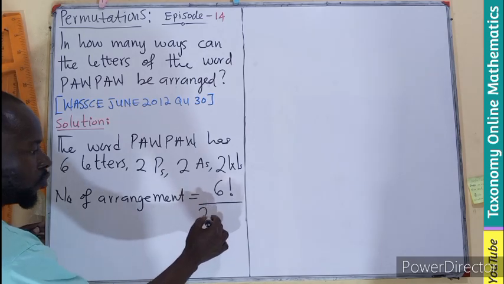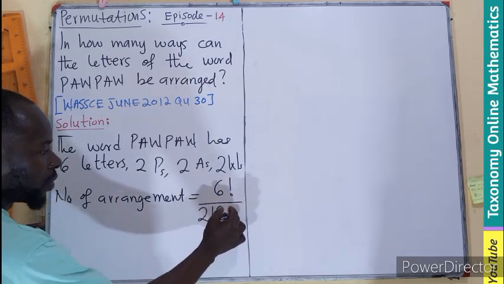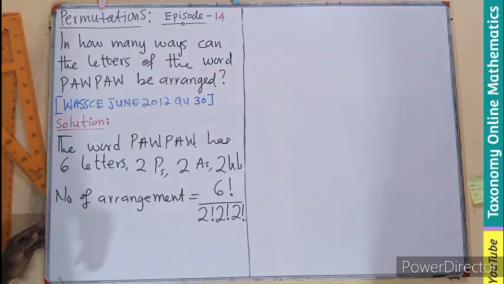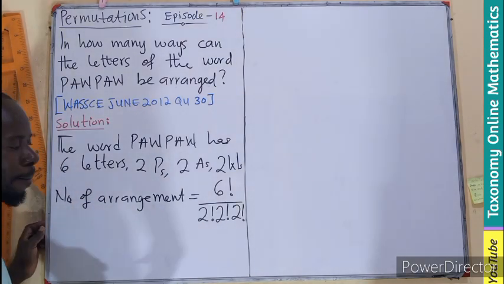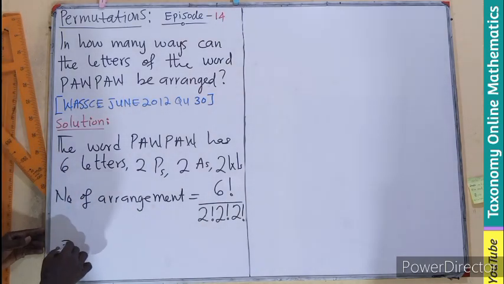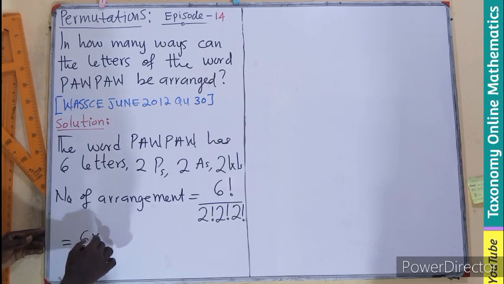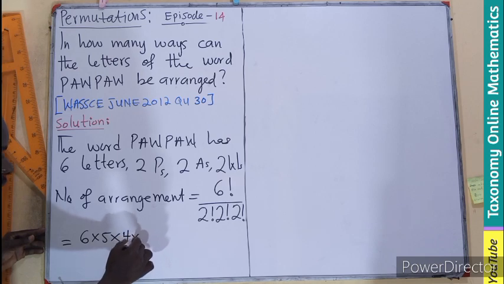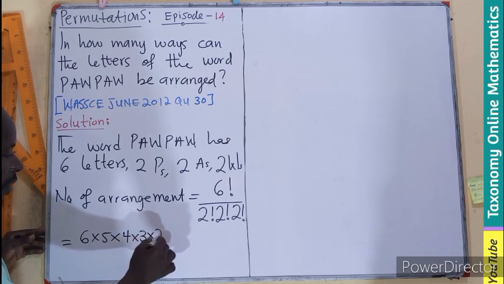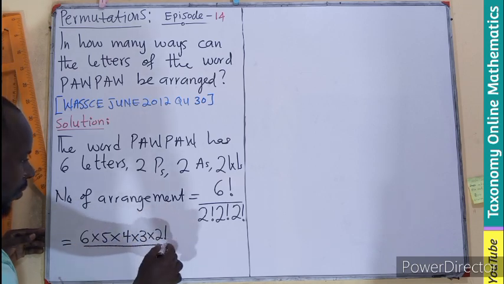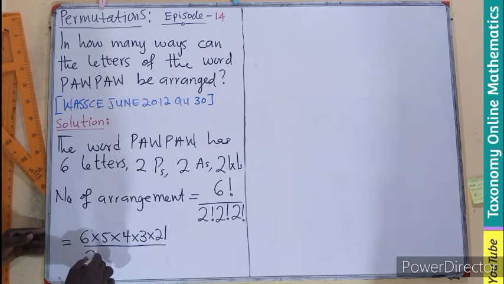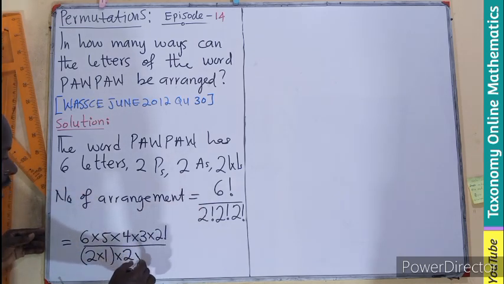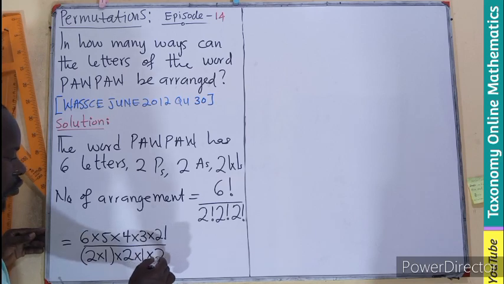So which means 2 factorial, 2 factorial, and 2 factorial. If you like, we can expand them. If you expand, this will give you 6, 5, 4, 3, 2 factorial. This is just 2 times 1. This is also 2 times 1, then 2 factorial.